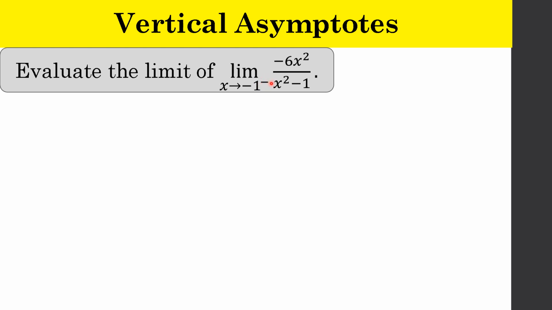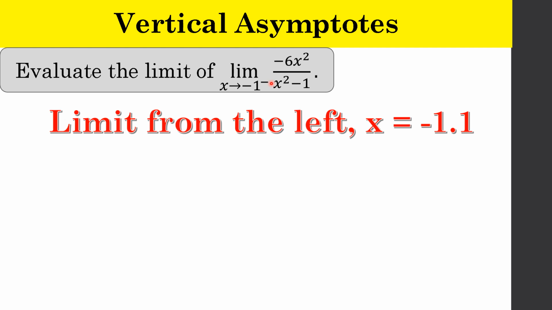Okay? Yung gawin natin dito, substitute it to the given function. Okay? So dito, nagset ako ng x natin which is negative 1.1. Bakit negative 1.1? Kasi yung c natin is negative 1 and we have here the superscript which is negative. Okay?